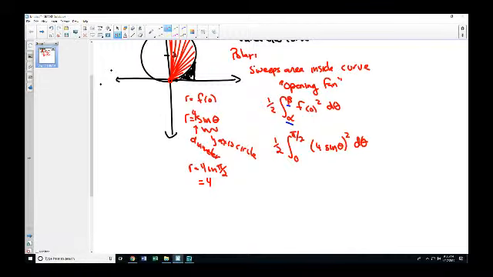What's 4 squared? 16. So it's 16 over 2, integral from 0 to pi over 2 of sine squared. Okay. Can you do that by hand? Oh, you did very well.